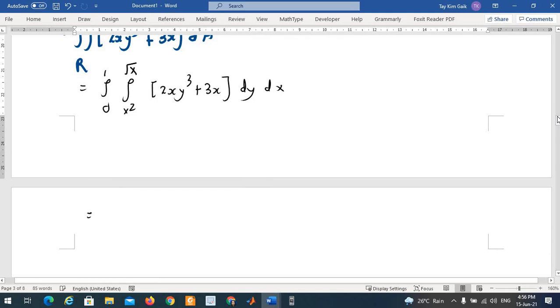And then we just evaluate it. Integrate with respect to y where x is constant. So you have 2xy to the power 4 divided by 4. 3x is constant, so integrating the constant with respect to y, you have 3xy. Substitute from x squared until square root of x, and dx.